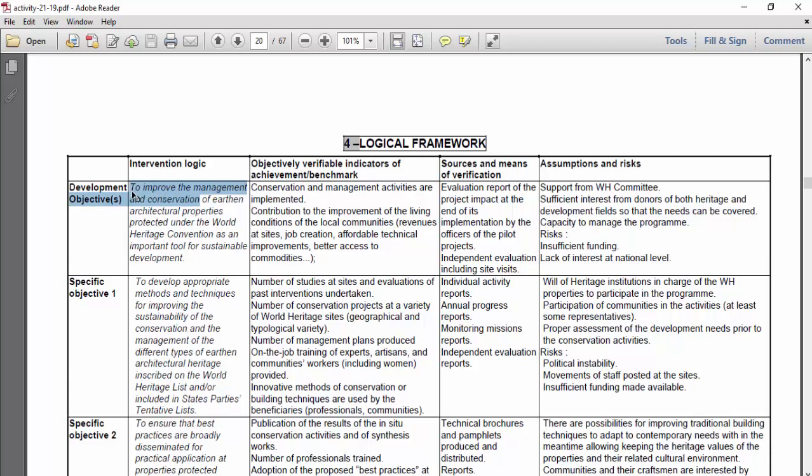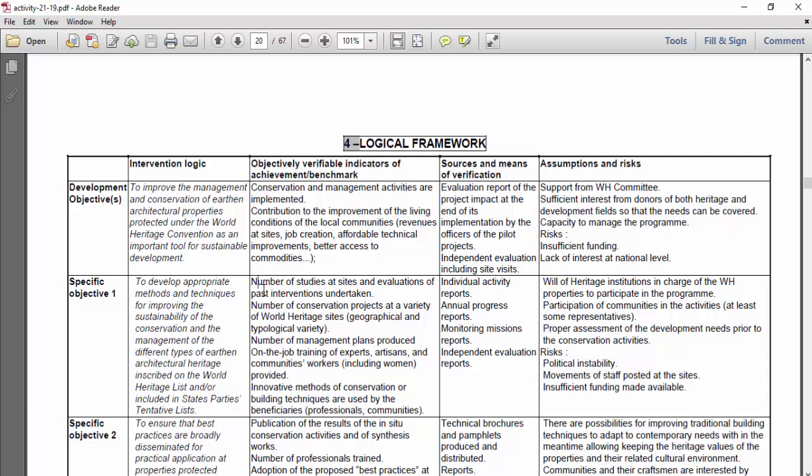What's the objective? To improve the management and conservation of earthen architectural properties. Then what are the indicators? Conservation and management activities are implemented, and their contribution to the improvement. You've also got indicators such as the number of studies at sites and evaluations of past interventions undertaken.